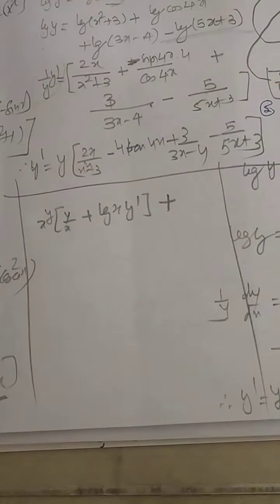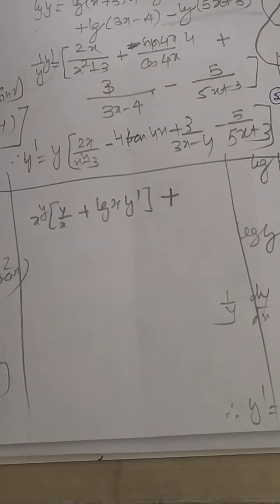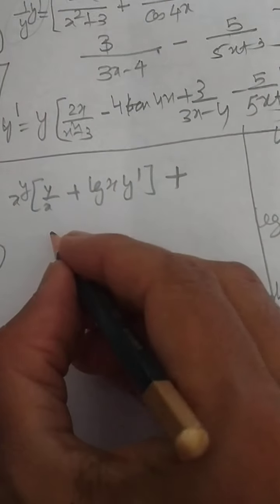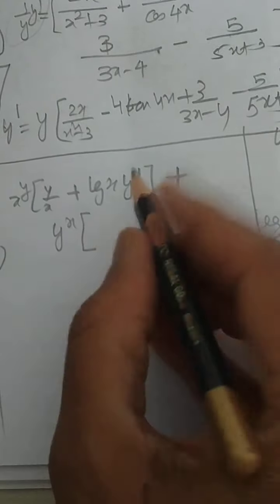What is the value of v dash? V dash will be equal to v, what is the meaning of v? Y raised to power x into x by y into y dash plus log of y will be equal to 0.